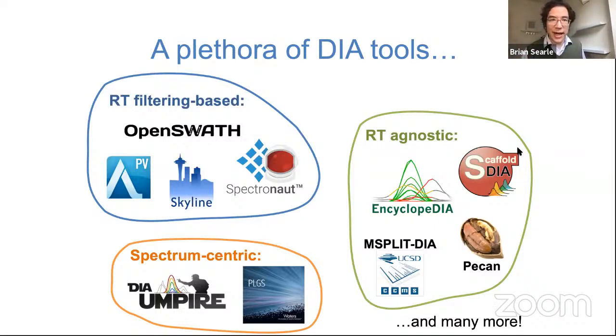There are tools that now split between these that take multiple types of approaches. So DIA-NN, DIA Neural Network, uses a retention time-based filtering and then thinks about it from a spectrum-centric perspective. There's Direct DIA from Spectronaut that is a spectrum-centric tool as well.